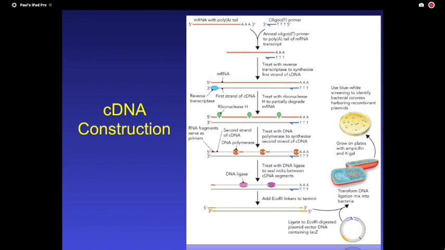And so in the book, your figure has the poly-T tail going to the poly-A, so you've done that. Reverse transcriptase will make the first DNA. They talk about ribonuclease H to degrade the RNA.